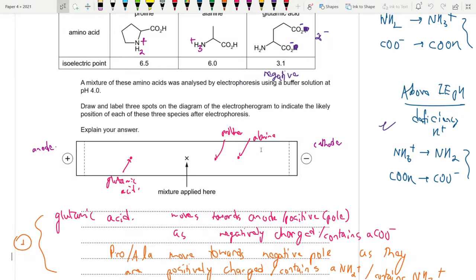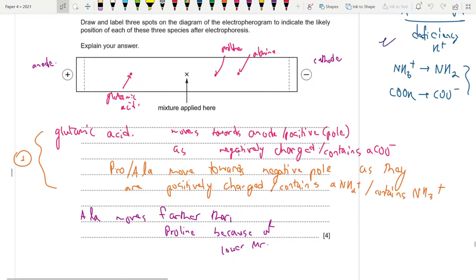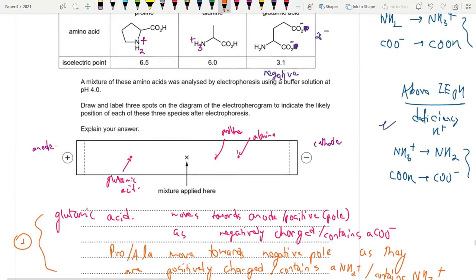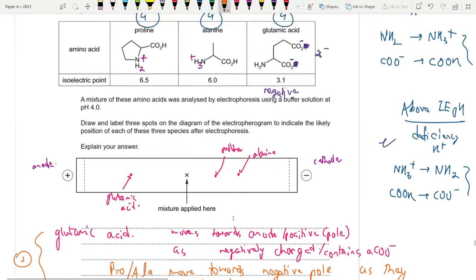So we're going to write that Ala moves farther than proline because of lower Mr or size with positive charge. The other 2 marks are for a correct diagram. So yeah, you need good understanding to answer these. Okay, that's all.